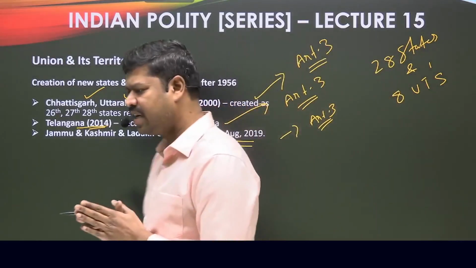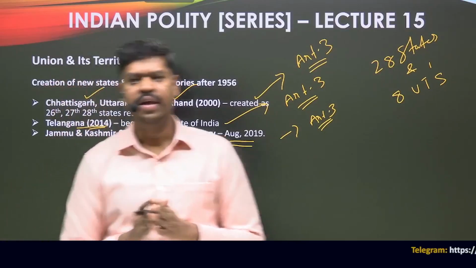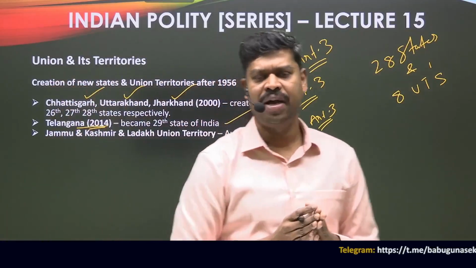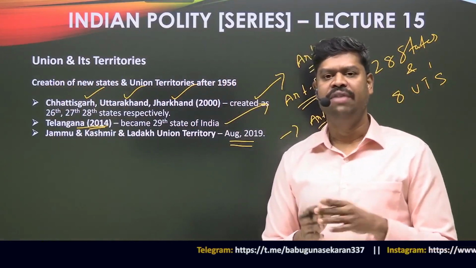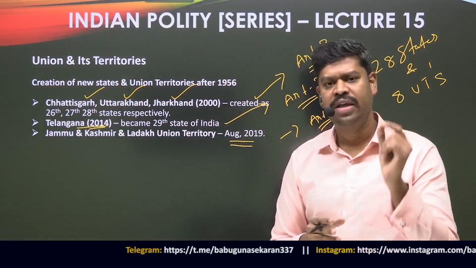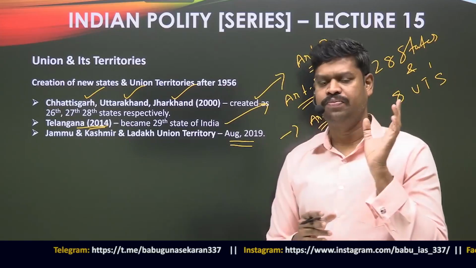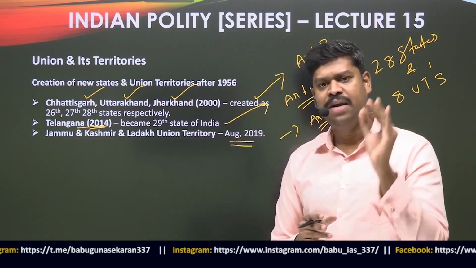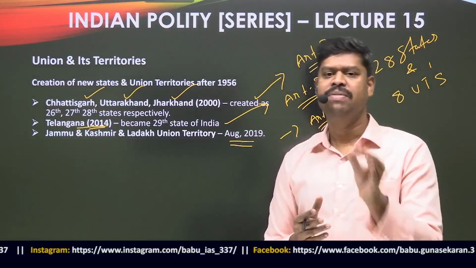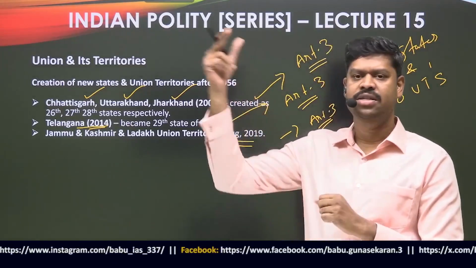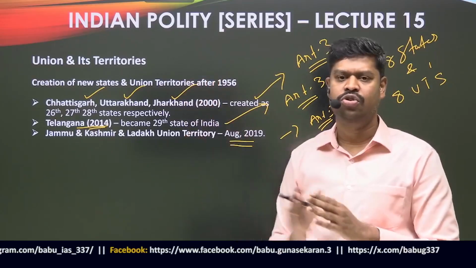But as a general principle, you have to remember that whenever a law is made by the parliament, either under Article 2 or under Article 3, if they are going to make changes only in Schedule 1 and Schedule 4, it can be done by a simple act of parliament, or in other words, a simple majority is sufficient to make changes in Schedule 1 and Schedule 4 of the Constitution.